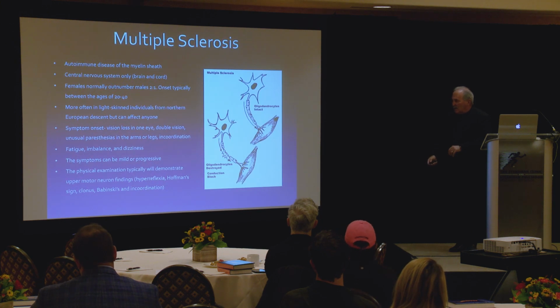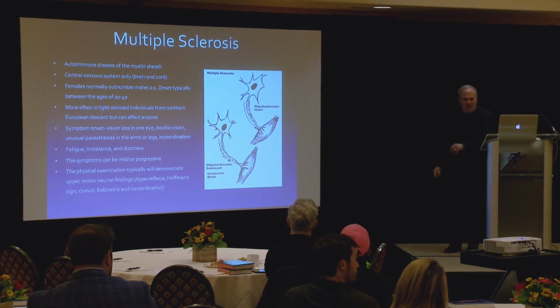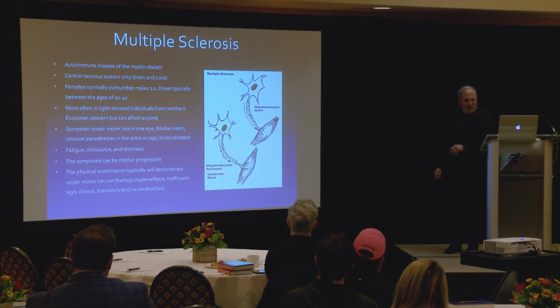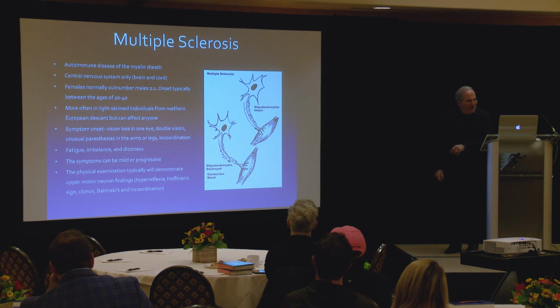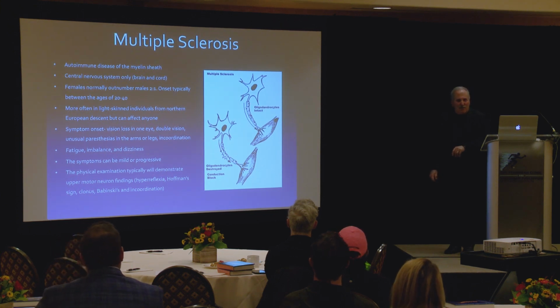Multiple sclerosis has to do with the oligodendrocytes. Is it with the Schwann cells? Are Schwann cells affected? I want to see heads nod yes or no. Make a commitment here. No, because this is a central nervous system problem, not a peripheral nervous system. You have loss of the oligodendrocytes, and so you have conduction loss.